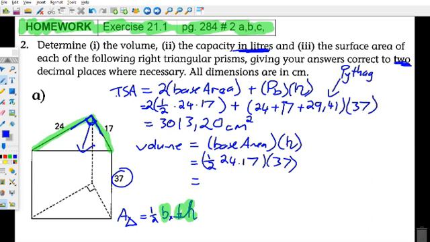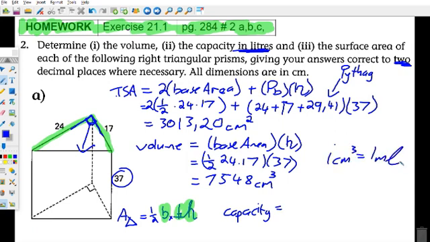Put it in your calculator, and you're going to get 7,548 centimeters cubed. Now we need to find the capacity. We know that 1 centimeter cubed is equal to 1 milliliter.